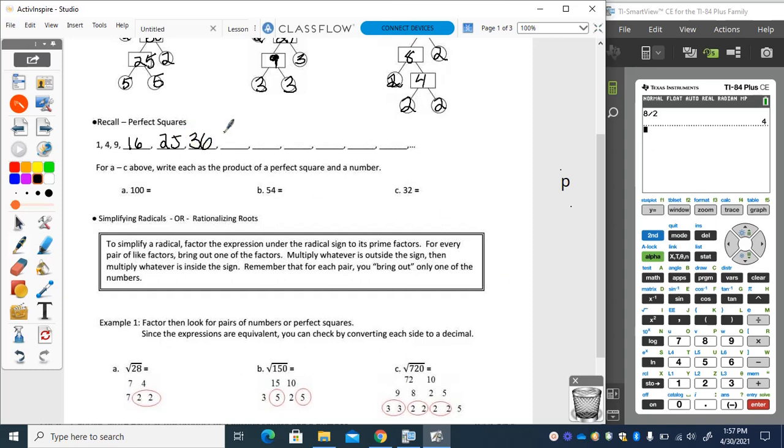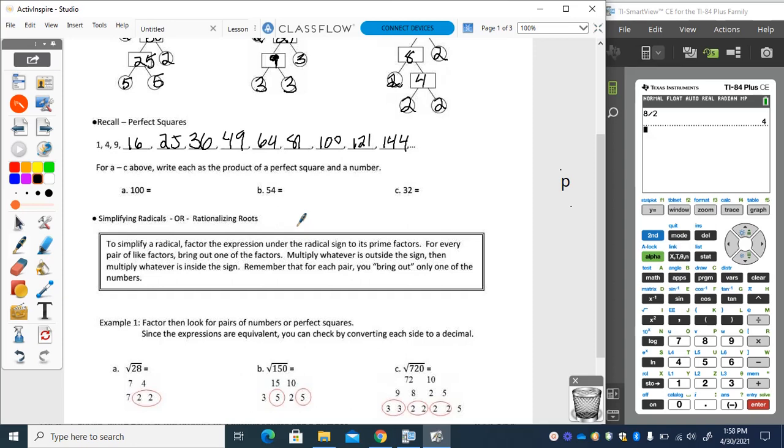Then we have 49, 64, 81, 100, 121, and 144. That'll be 1, 2, 3, 4, 5, 6, 7, 8, 9, 10, 11 through 12. Those are when we multiply all of our numbers 1 through 12 by itself.